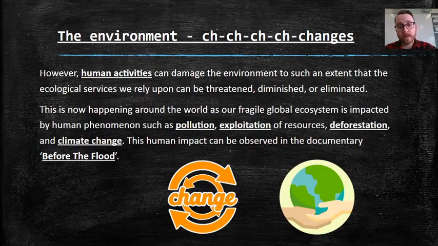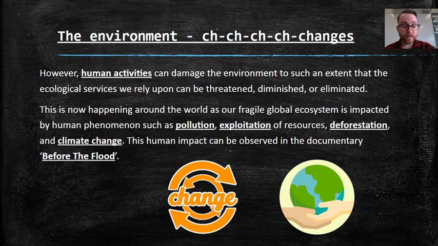However, human activities can damage the environment to such an extent that the ecological services we rely upon can be threatened, diminished, made smaller, or eliminated entirely. This is now happening around the world as our fragile global ecosystem is impacted by human actions and phenomena such as pollution, overexploitation of resources, which is a fancy way of saying we're taking too much from the environment.